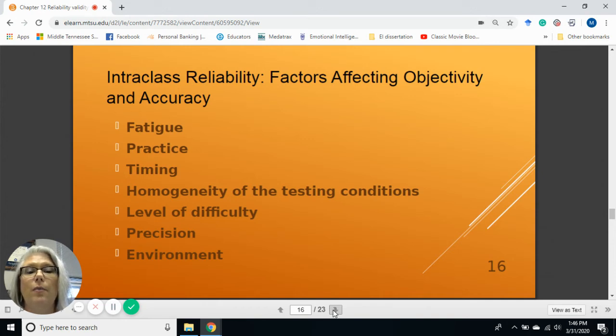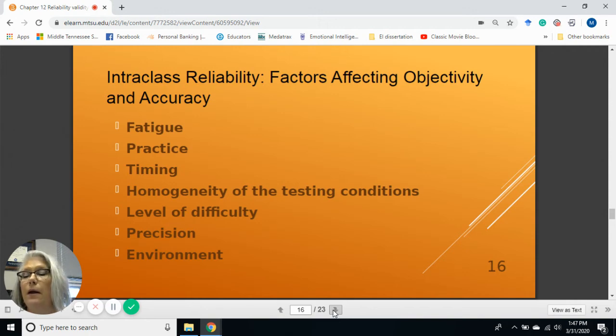This will tell you a bit about the different factors that affect objectivity and accuracy. So fatigue in the participant or the researcher, practice, that all the participants have the same amount of practice, and the more practice the person has at the test, the more the reliability is improved.